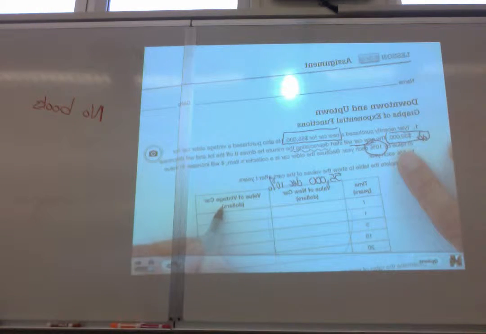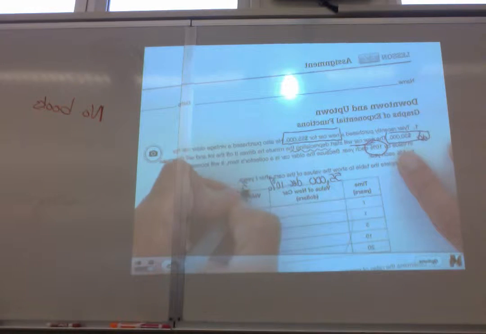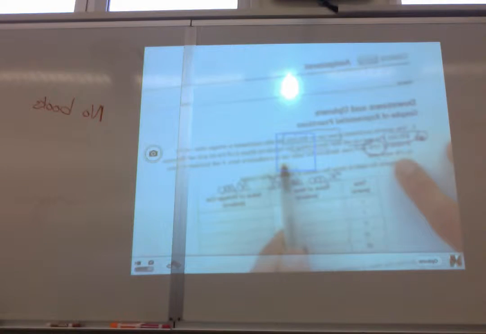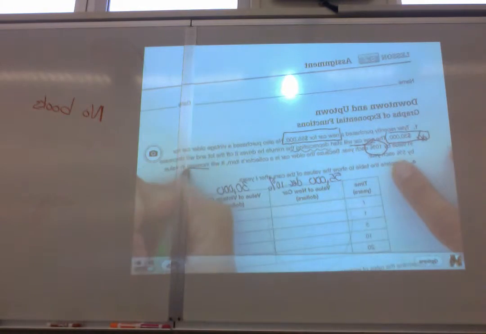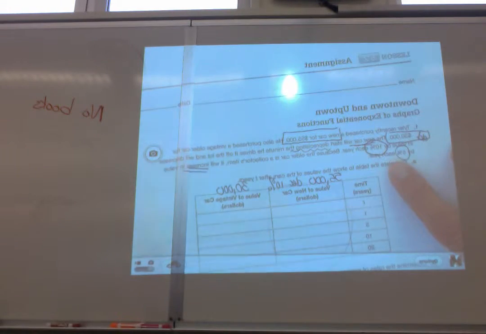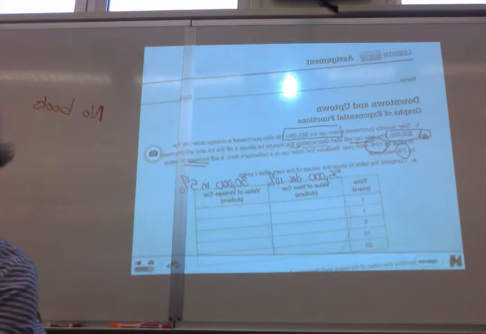The vintage car, the old car, is a different story. It started out at $30,000, and let's see what it says. The older car is a collector's item. It will increase in value by 5% each year. So increase by 5%.